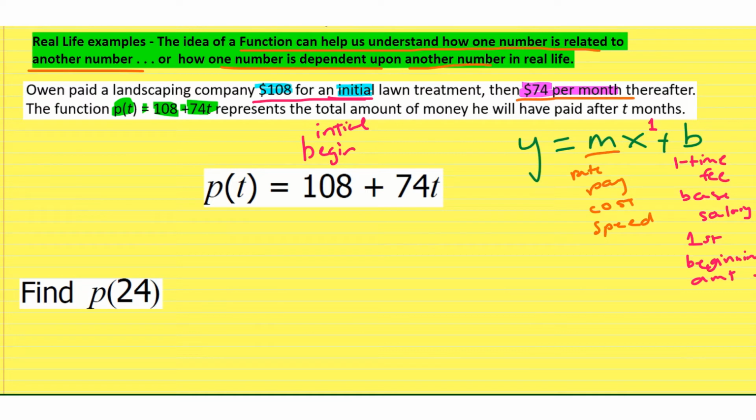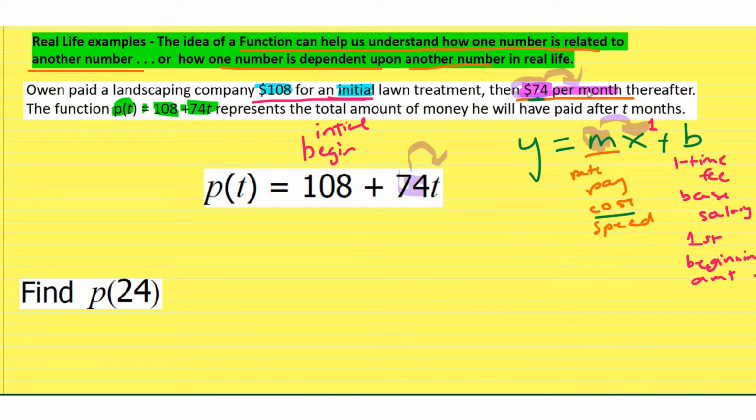It's the number that is in front of the variable. So 74 is in front of the variable. It represents a slope. So in this particular one, it represents the cost of this landscaping per month.